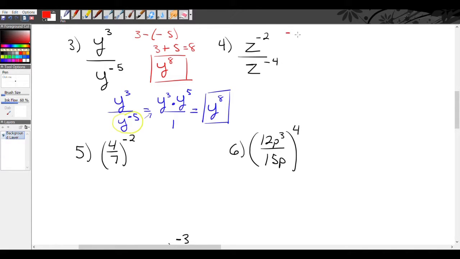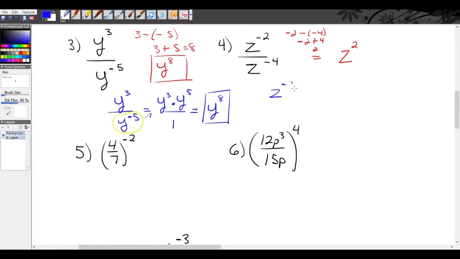So we have here negative 2 minus negative 4, which becomes negative 2 plus 4, which equals 2. So we see that z to the negative second divided by z to the negative fourth simplifies to z to the second power.